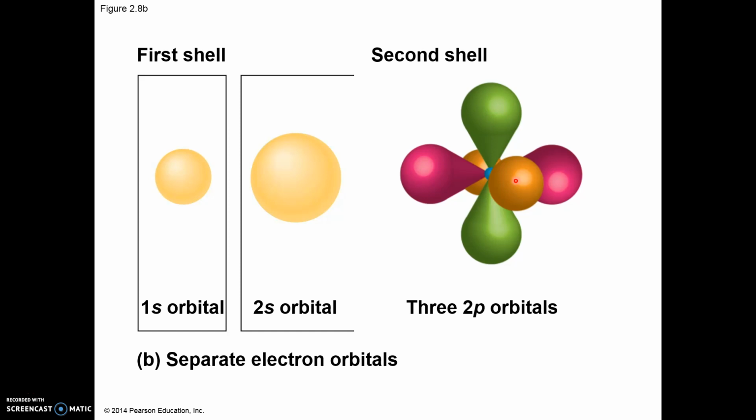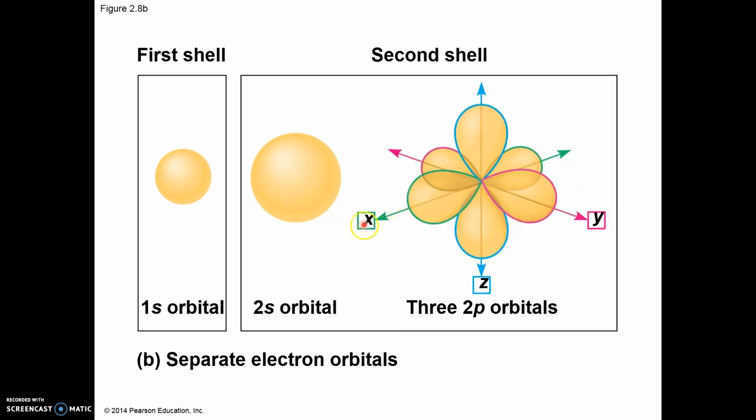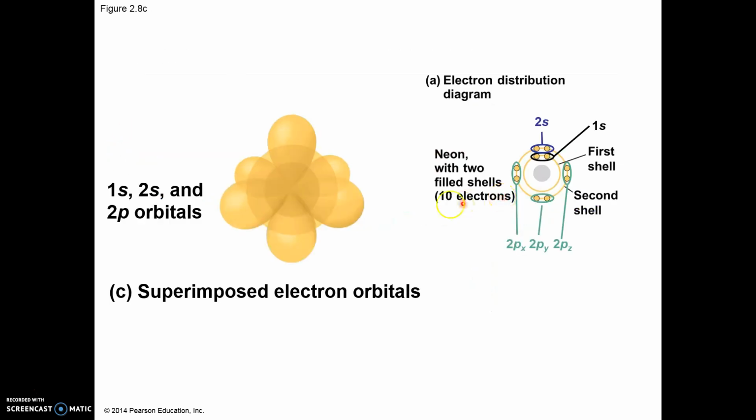We oftentimes represent these p orbitals along the XYZ axis of a coordinate system. Okay, so sometimes we can refer to this as the 2p sub x orbital or 2p sub y orbital. Okay, so let's take a look at all of these shells superimposed on top of each other.